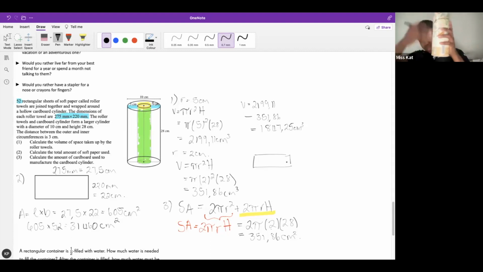So this will be the breadth of the rectangle, which is 28. We know that, right? But the length is the one that goes around the circle. But that's the circumference, isn't it? That's why we say 2 pi r. You see? So it's 2 pi r, which is length. So to find the area of that, we just said length times breadth, which is where we got 2 pi r times height. Okay.